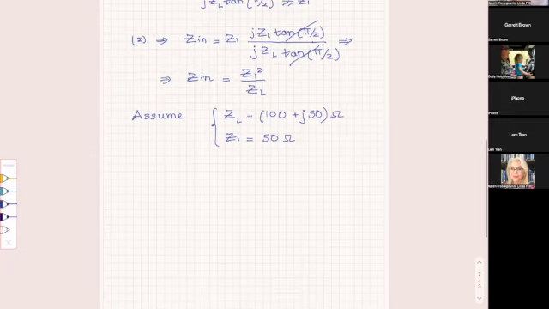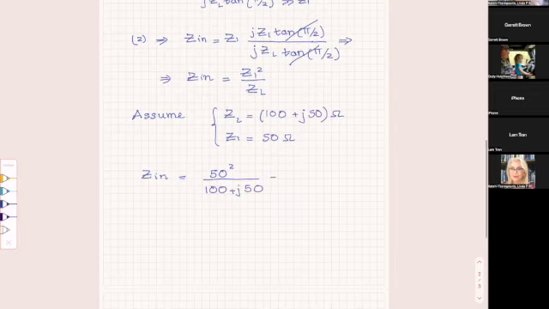In this case, Z input will be 50 squared divided by 100 plus j50, in ohms. I can divide by 50, both numerator and denominator, so it becomes 50 divided by 2 plus j.